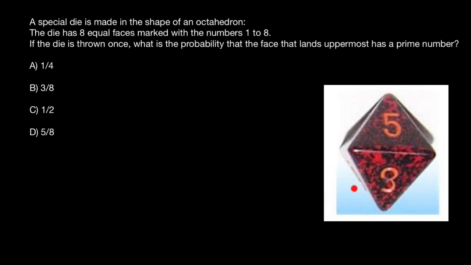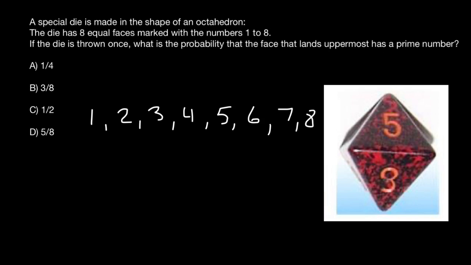So the octahedron has 8 surfaces marked 1 through 8, and each surface has a mark. So 1, 2, 3, 4, 5, 6, 7, and 8. What is the definition of the prime number?